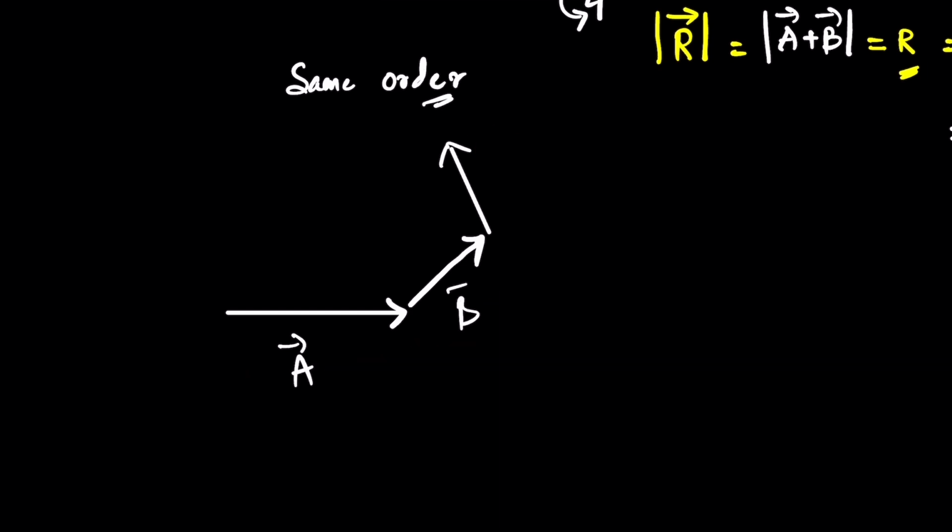The a, b and c vectors are said to be in the same order.